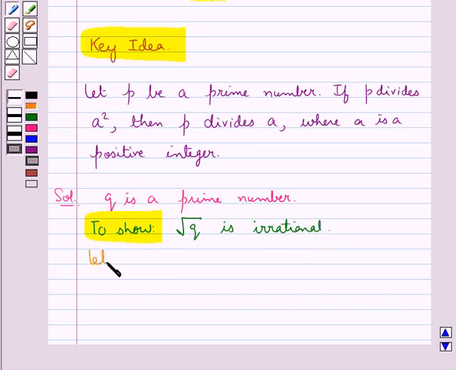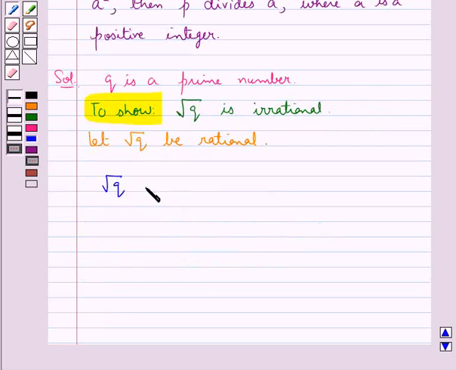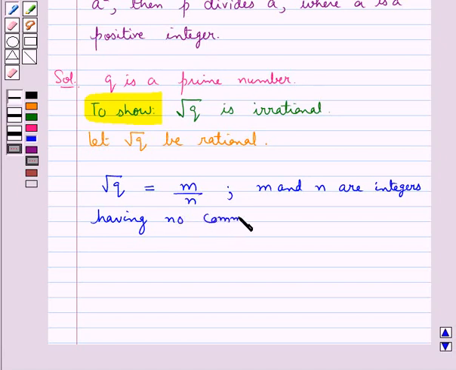We take let square root q be rational, then we can write square root q in the form m upon n, where m and n are integers having no common factor other than 1, and also n is not equal to 0.